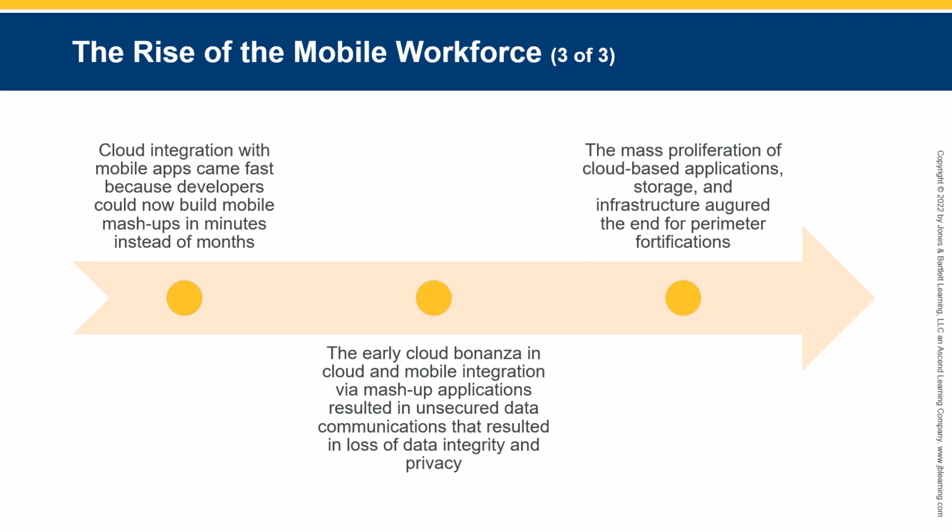The early cloud did have some weird things going on, but between cloud and mobile integration via the mashup application, this did result in unsecured data communication where we had privacy and integrity concerns. Though oftentimes applications have had to address that specifically because of state or federal regulations, this is still an area that is still of concern.